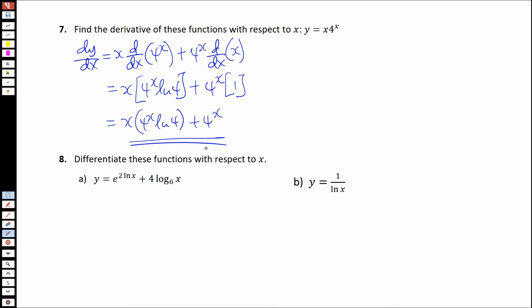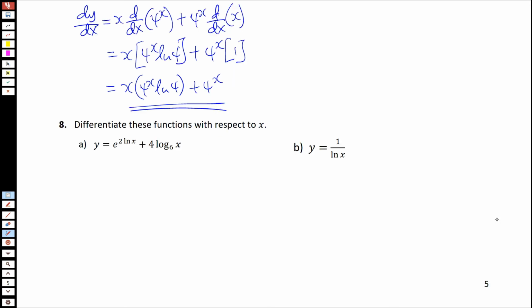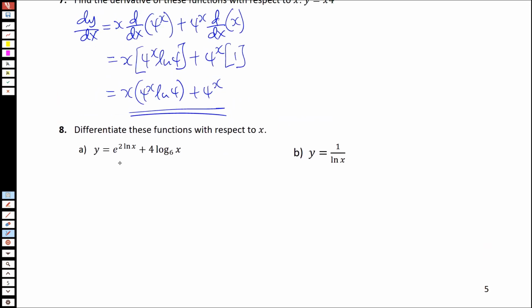Okay, moving on. Number 8. So for number 8, we have this function. Now, what we need to do here is to use the exponential rule to simplify this.